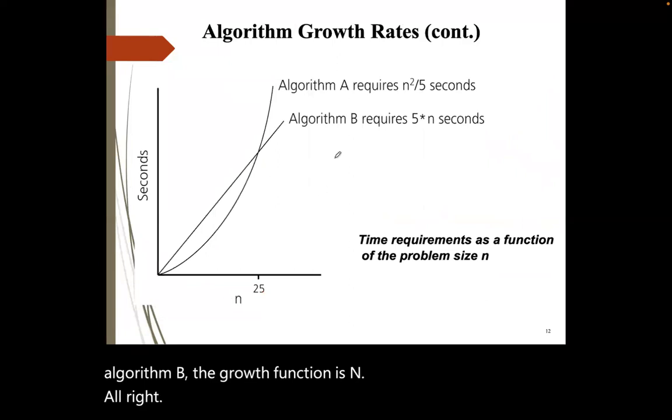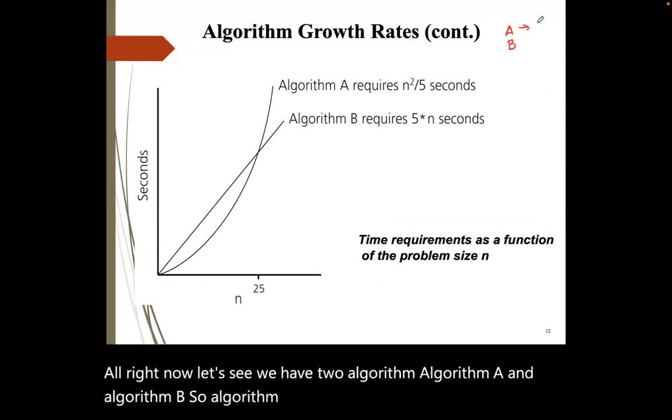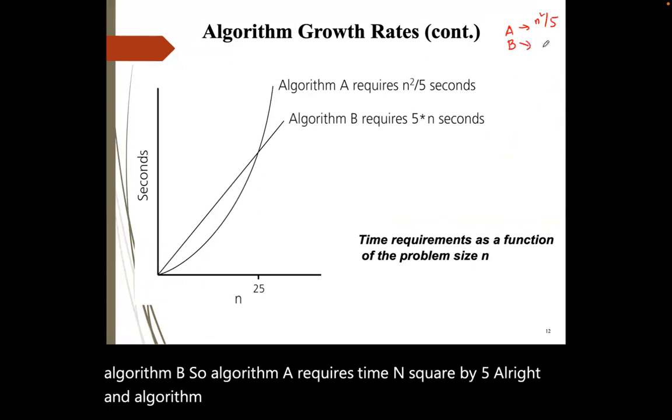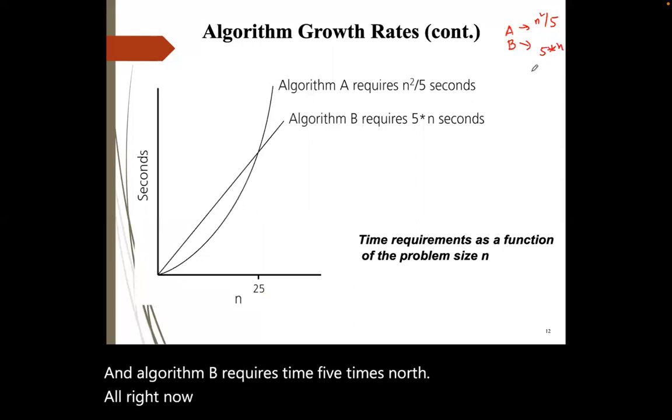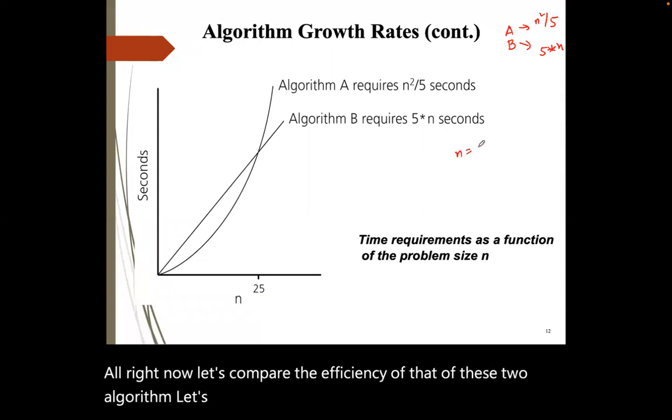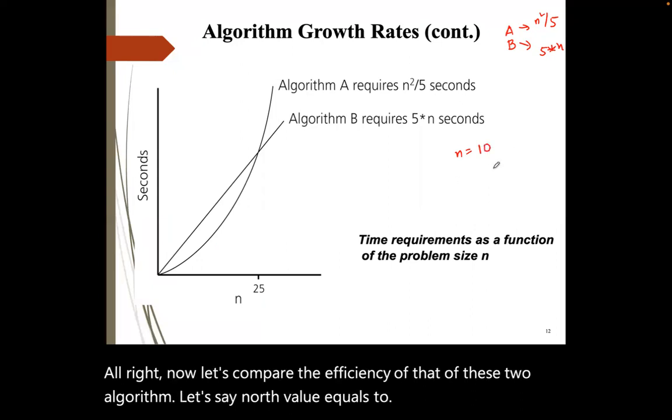Now let's say we have two algorithms, A and B. Algorithm A requires time n² divided by 5, and algorithm B requires time 5 times n. Let's compare the efficiency of these two algorithms. Let's say n equals 10.